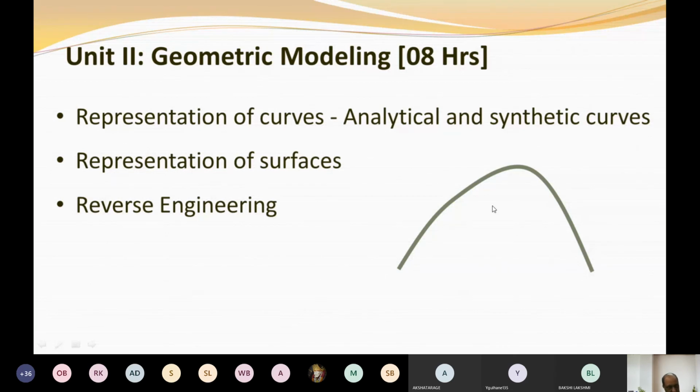Say by removing material or adding material, or with a clay model, where we can go for the entire clay model and give a shape as per requirement. Once that product is ready, we want to convert it into a solid model, because once we create that solid model, it can be used for various purposes which we will also see.